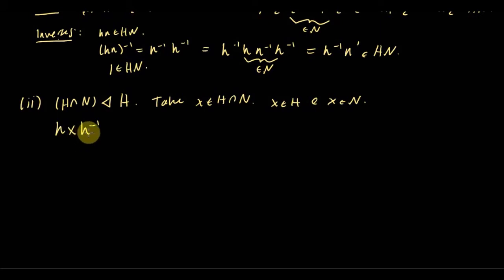If this is in H intersect N, we'll know that H intersect N is normal in H, because we've picked x to be in H intersect N. Well, this is definitely in H because x is in H. Also, this same element is also in N, since x is in N.